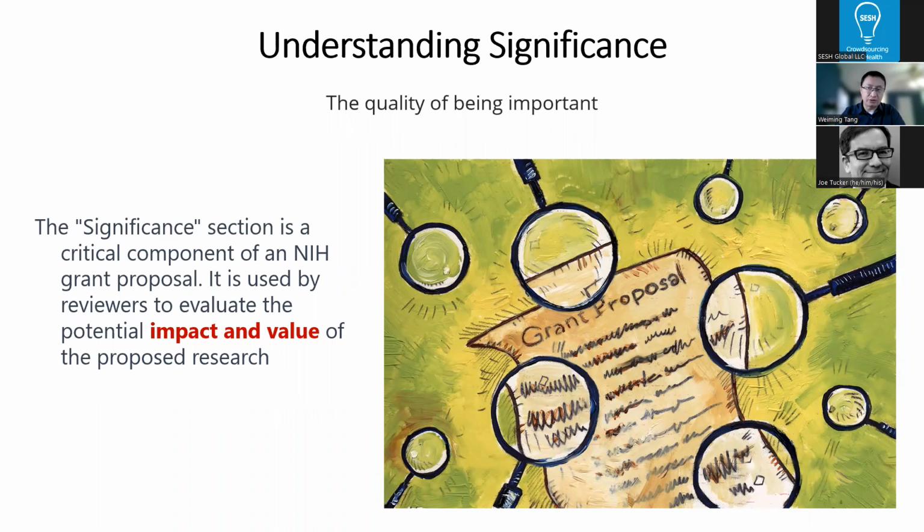Previously, NIH grants had a background section to give some background information, and they combined the background part and the significance part. But 10 years ago, NIH removed the background part and only left the significance part. So that's why here you need to include some background information as well as the impact and the value of your research.